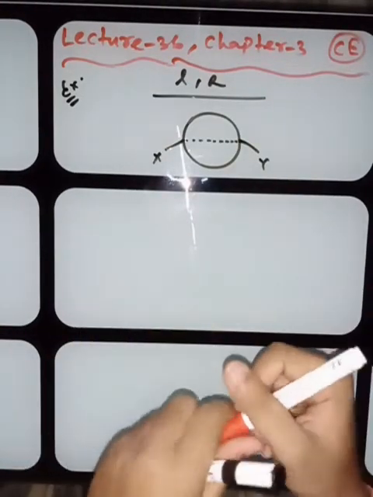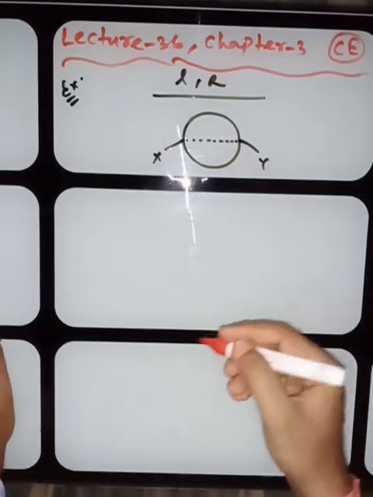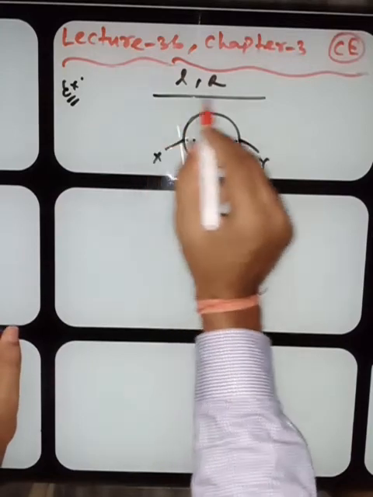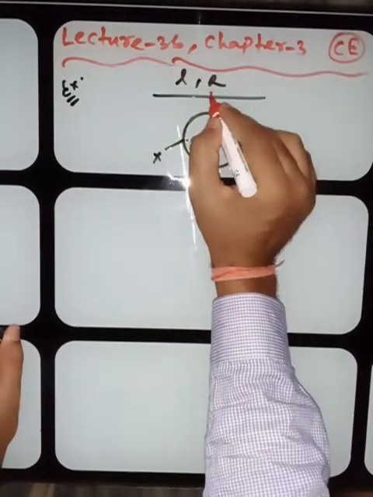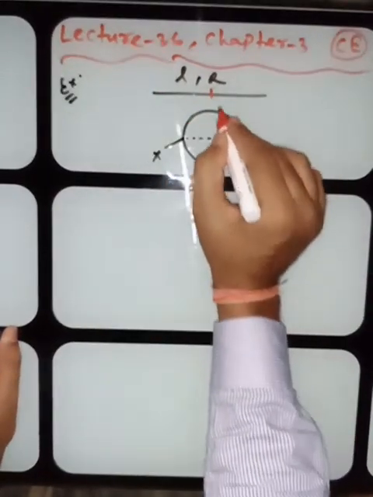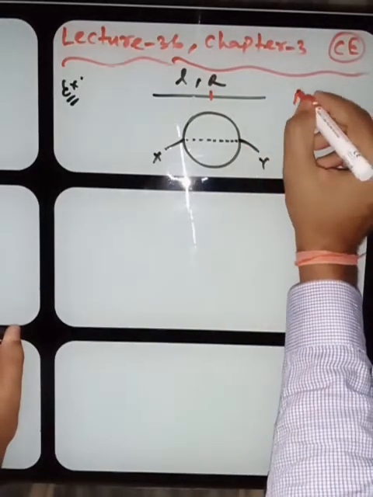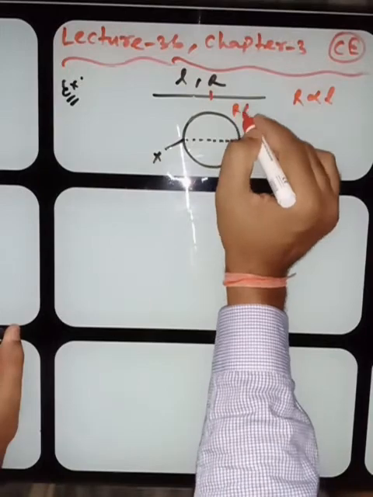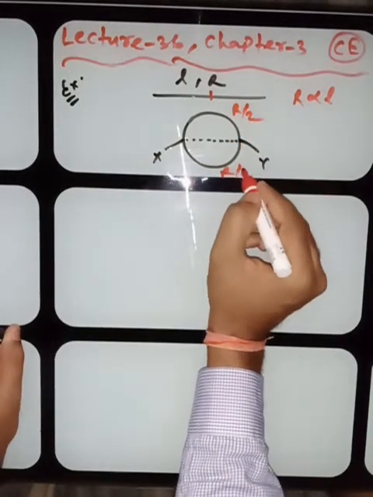Okay, now look at the answer. As you make a circle of this conductor, half of the length will be above and half of the length will be down. As you know, the resistance is directly proportional to the length. If this length is half, then resistance will also be half, and this is also half. R by 2.